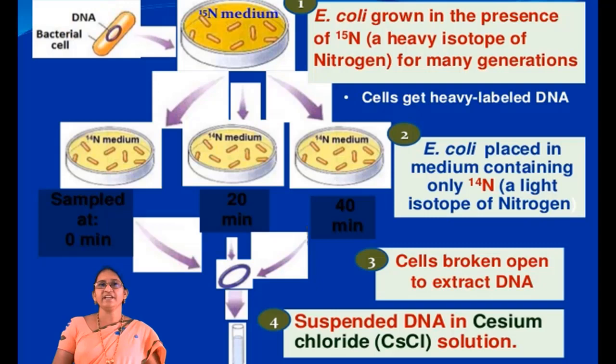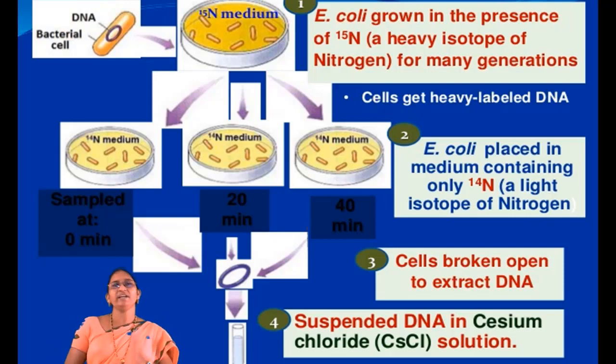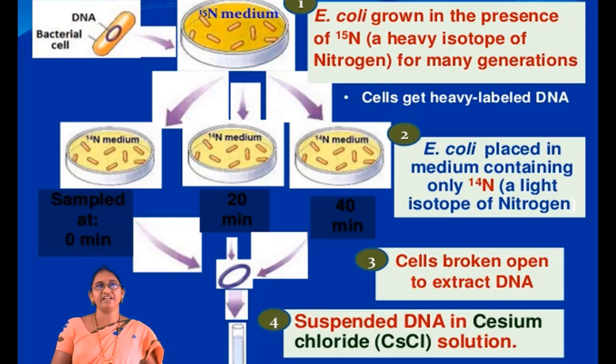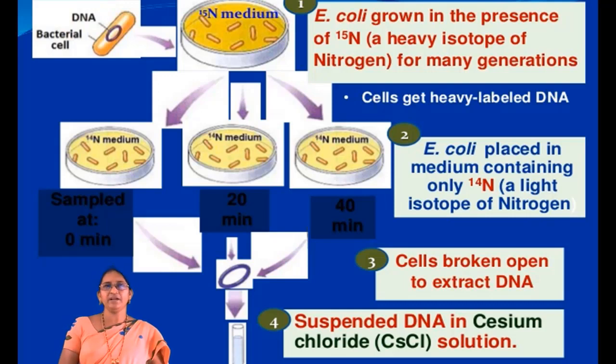The difference between the heavy isotope and the light isotope is the number of neutrons in the nucleus, as we know. The bacterium was grown in heavy nitrogen medium for several generations until the whole bacterial genome was heavily labeled with nitrogen. During growth, nitrogen is taken up by the bacterium and used to synthesize biomolecules including DNA.